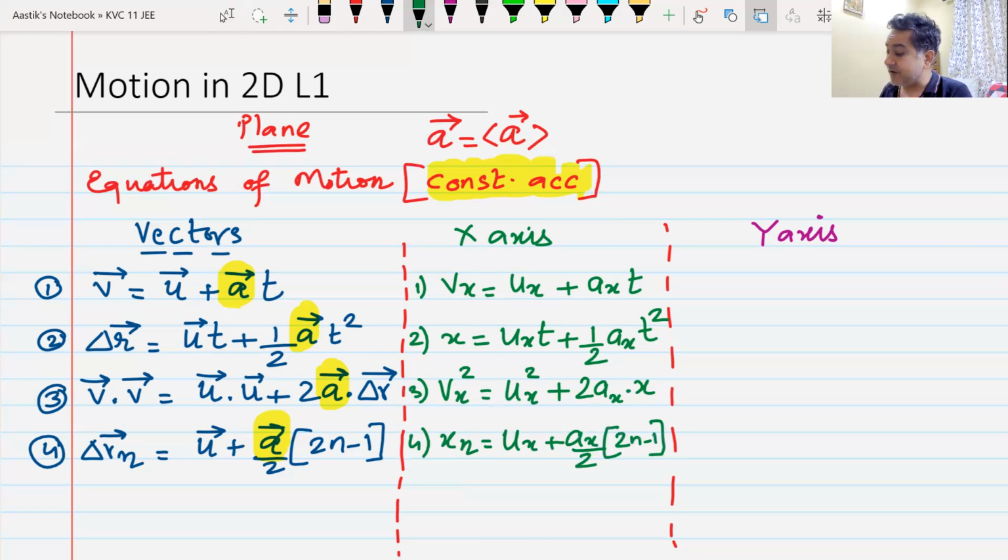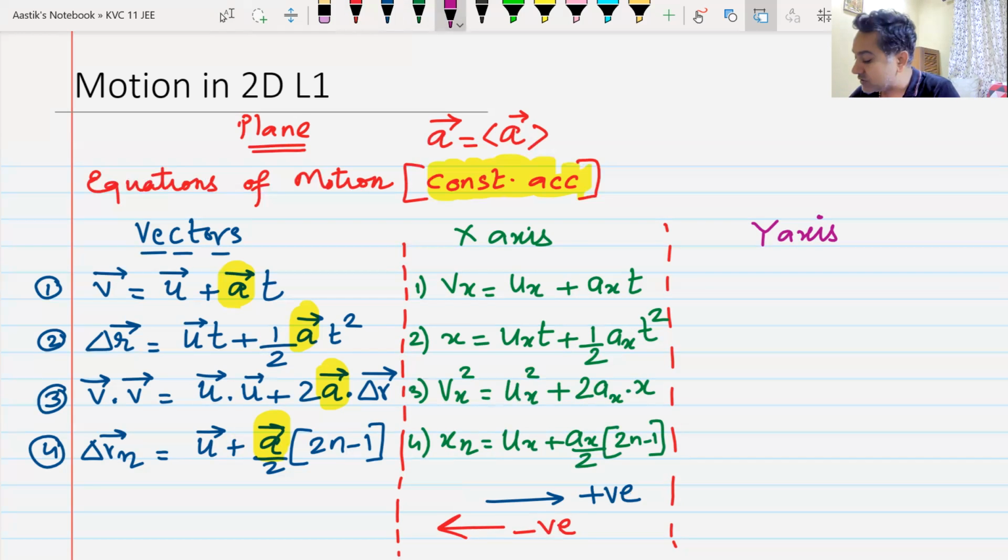But remember, whenever I'm using any equation like this, I have to use a sign convention. The sign convention that we use is this side is positive and anything along this side is negative. Do we understand this? Yes or no? Yes.